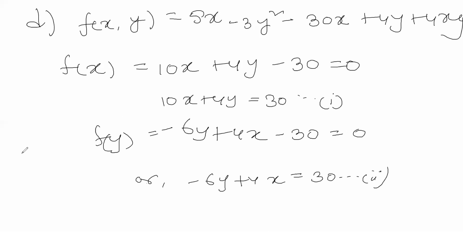And what are the critical values here? We get the critical values x, y, which are 2 and 2.5. Okay, so these are the two critical values. X and y are 2 and 2.5. Now let's take the second order derivative.